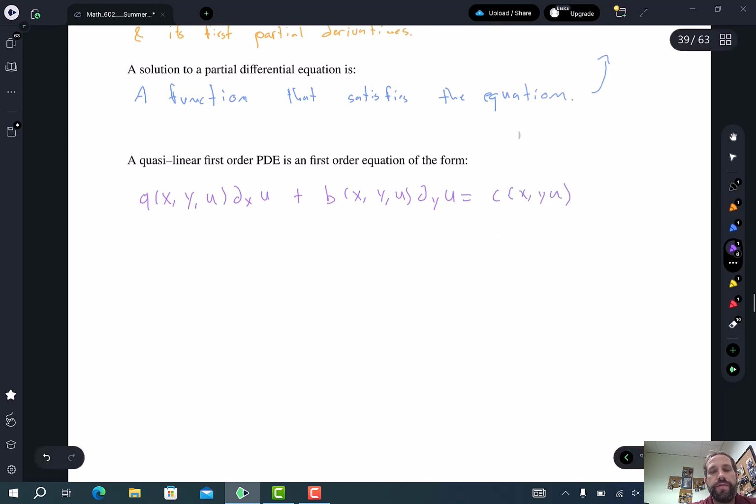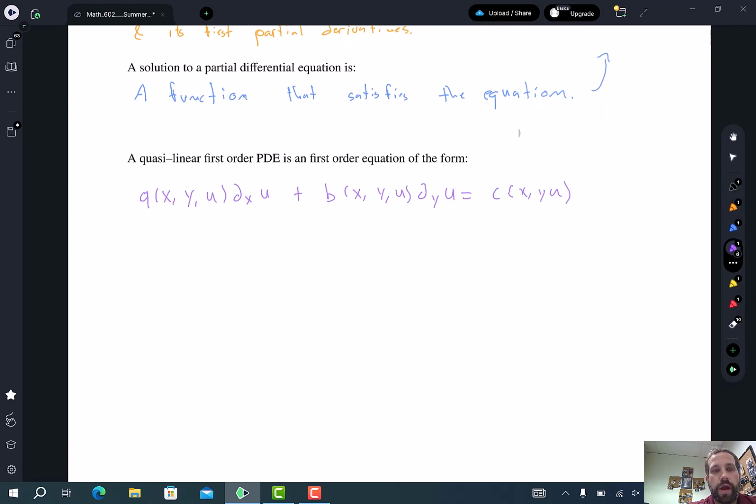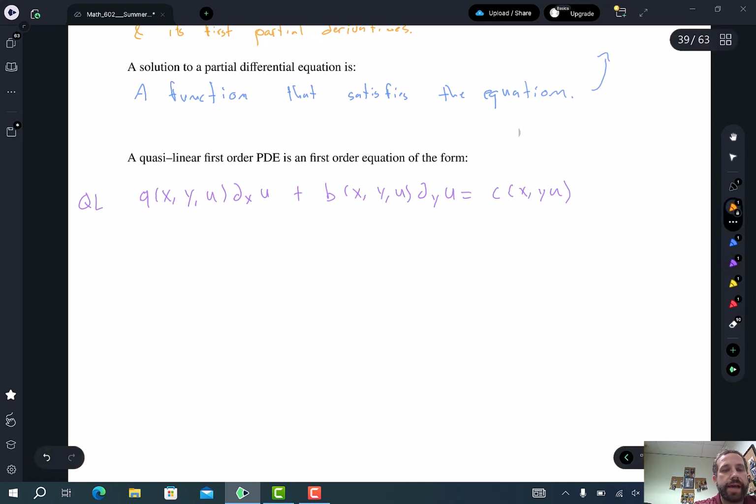So if the equation has this particular form right here, it is called a quasi-linear equation, where a, b, and c are given functions.